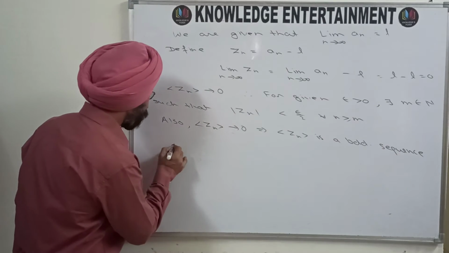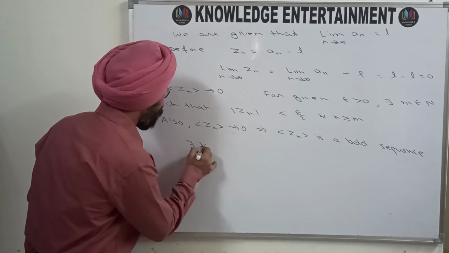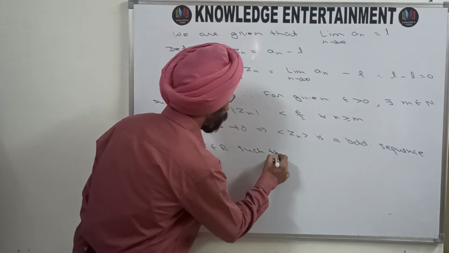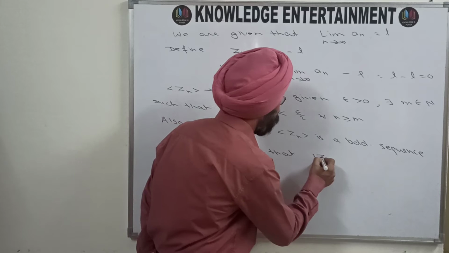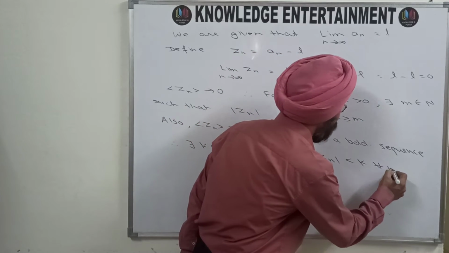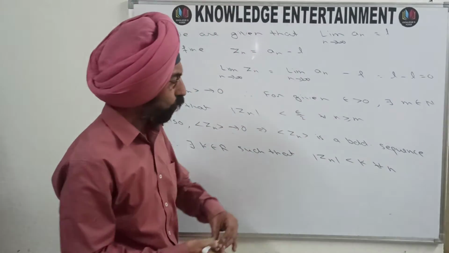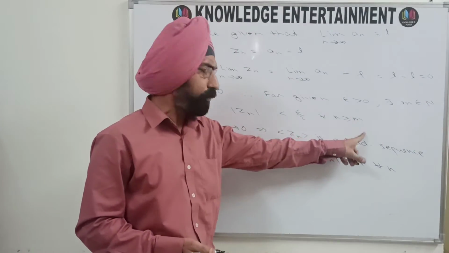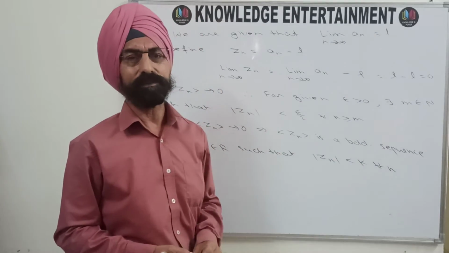So therefore there exists some real number k such that mod of Zn is less than k for every n. This is true for every n. Earlier it was for every n greater than or equal to m, and now it is for every n.